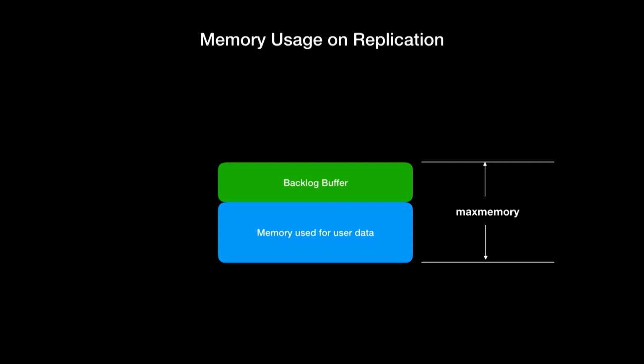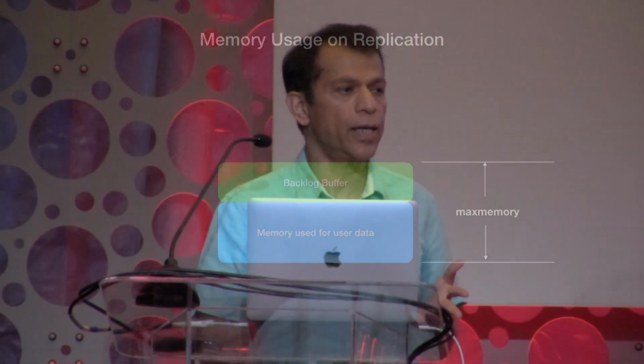Now, again, when you run Redis in production, you set max memory to some value, let's say 10 gig, and occasionally you see the process is taking more than 10 gig. So why is that? Here's the reason. I talked about this replica client output buffer, and that buffer size is not counted in max memory.